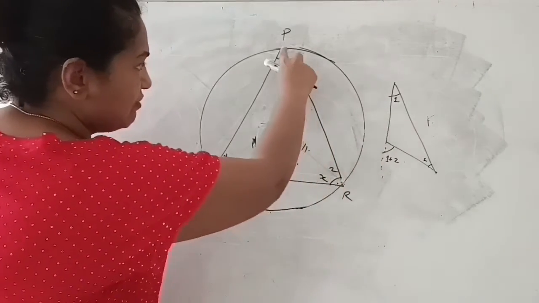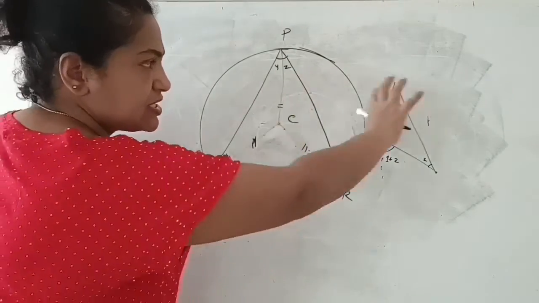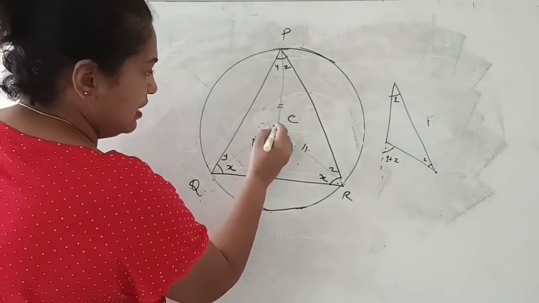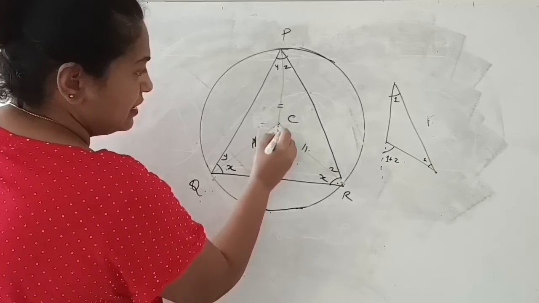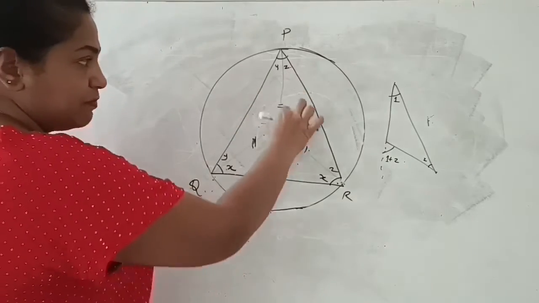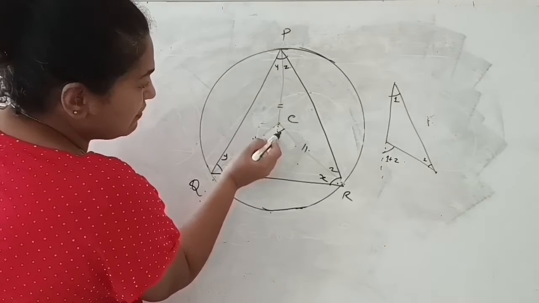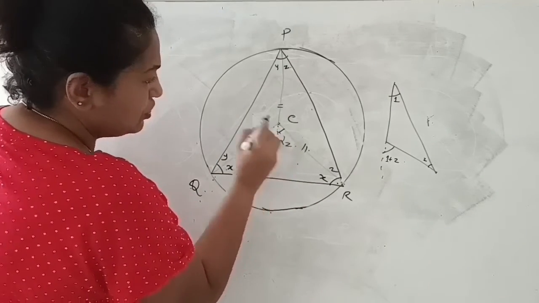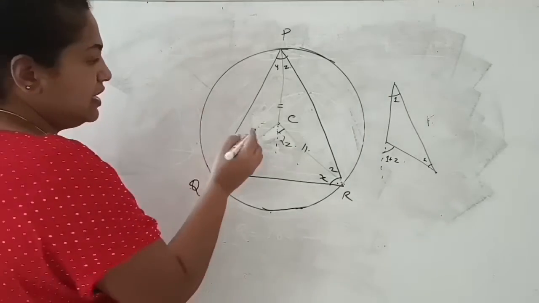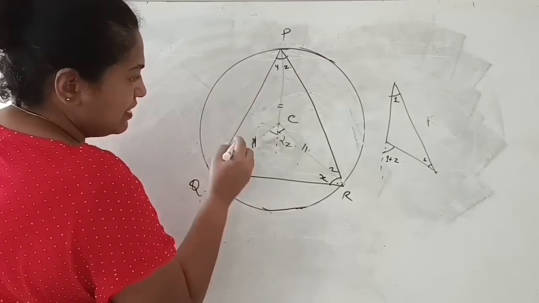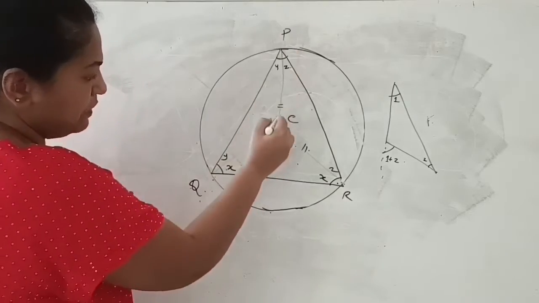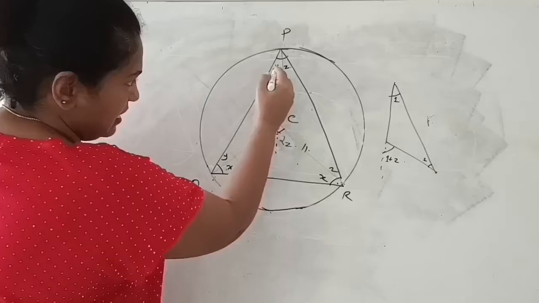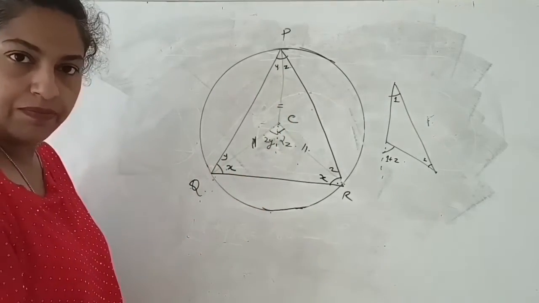Similarly, you can see that there is a triangle PCR which is similar in shape. So every triangle has to have an exterior angle. So I can say that this is the exterior angle for this particular triangle. So what is this value equal to? It will be equal to z plus z, which is equal to 2z. Similarly, what about this angle? This is the exterior angle for this given triangle, which is PCQ. This particular angle will be equal to the sum of the opposite interior angles, that is y plus y, which is 2y.